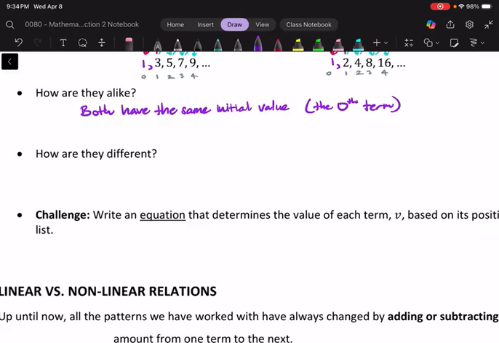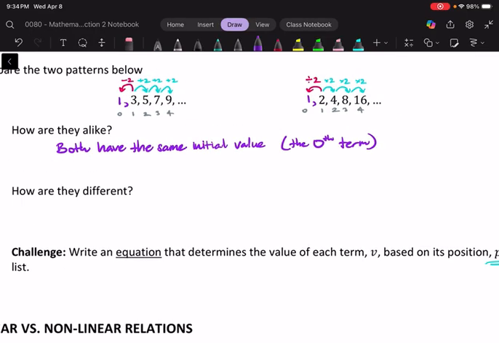How they are different. I mean, for starters, they use different numbers and such. But in terms of the procedure to get each next number in line, we can see something pretty clear.